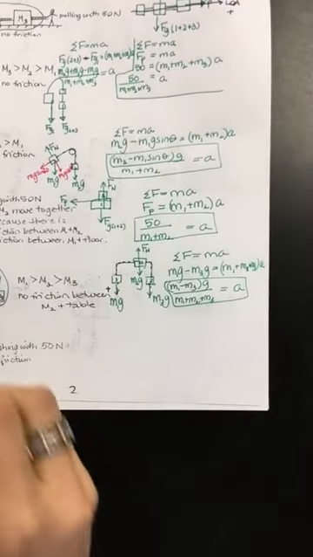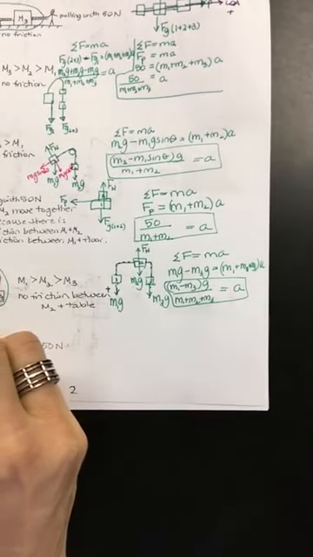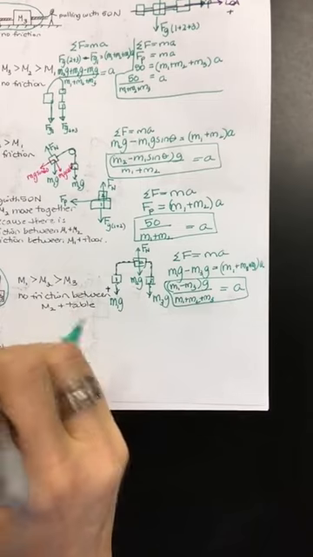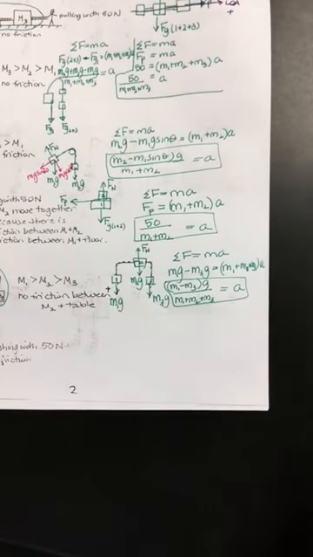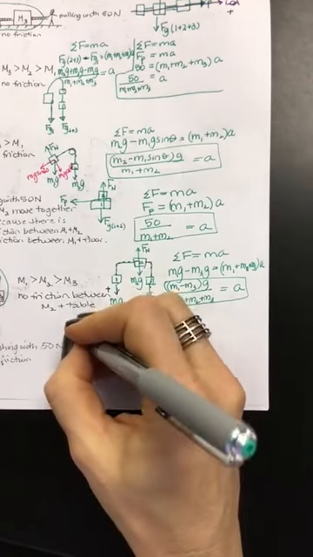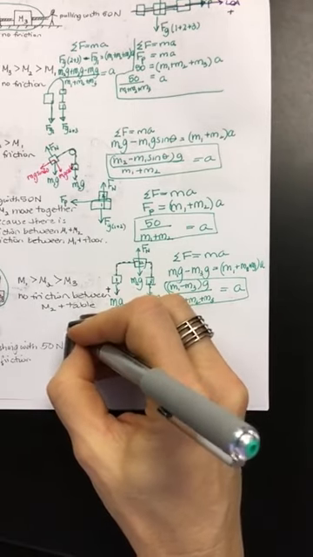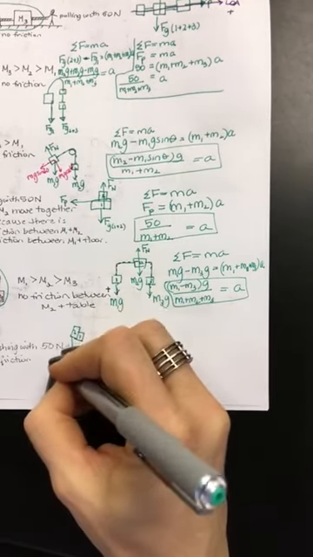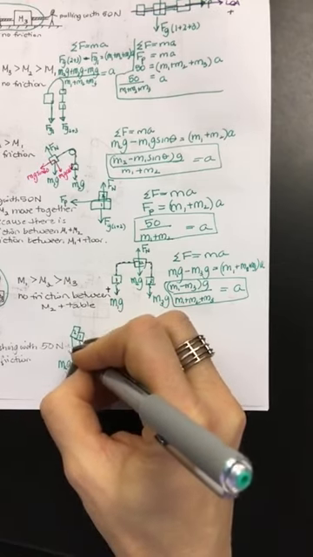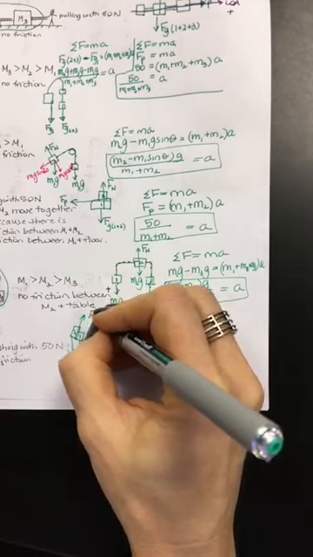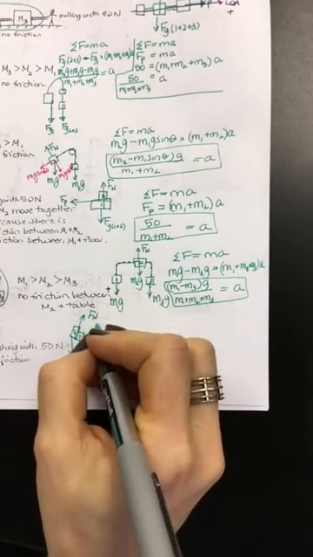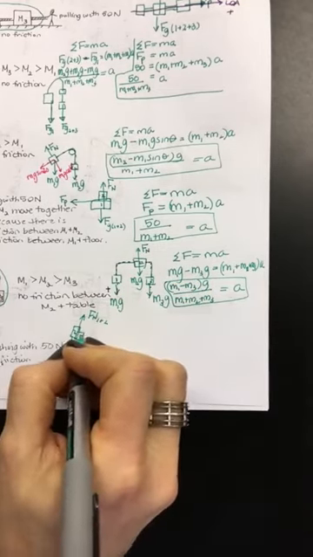All right, last one. Here's your system. Pushing, so here's my line of action up the incline. So when I draw my free body diagram, I've got M2g, M1g, we've got the normal forces which are perpendicular to the line of action, and I've got this push.